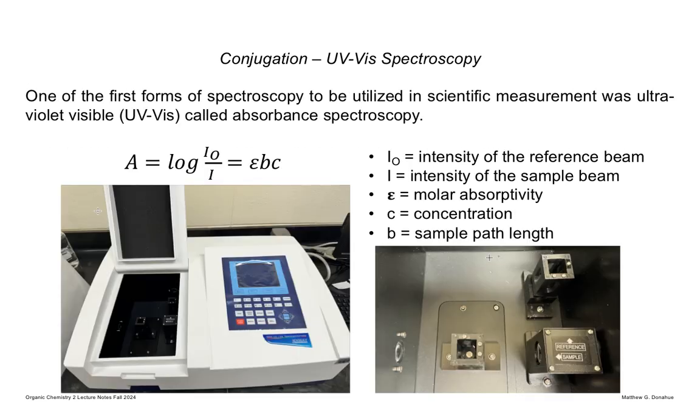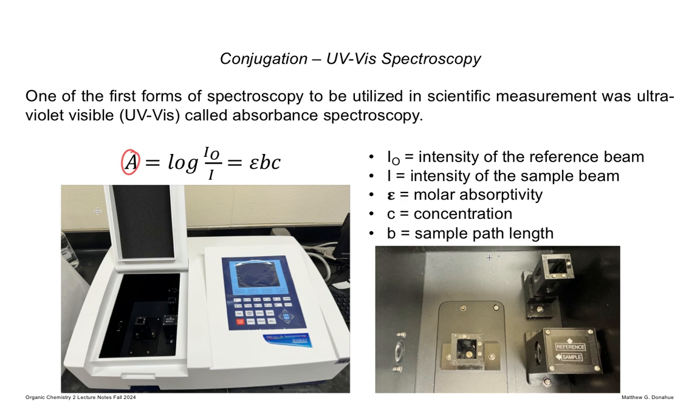For UV-vis spectroscopy, there's what an instrument looks like. You may do this in Gen Chem. If you take analytical chemistry, you'll use this instrument. A is absorbance, and it's equal to the log of the intensity of the reference beam divided by the intensity of the sample. You make up some reference, then you have your actual sample, and you get a quotient of those two, and that tells you the absorbance.